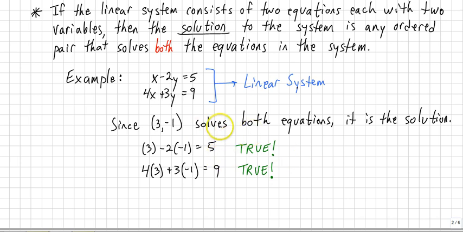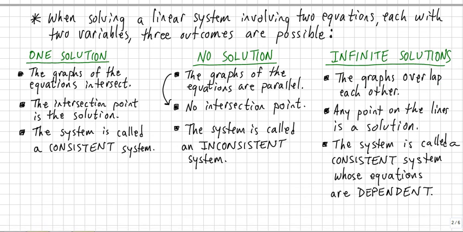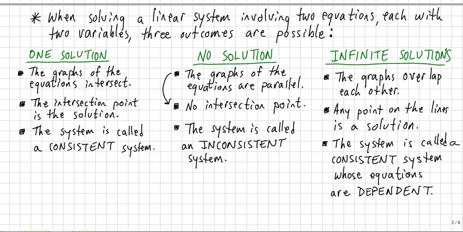So I plug that one ordered pair into both equations, and it solves both equations. So this ordered pair is the solution to that system. What we're going to learn is how did I know that 3, negative 1 was a solution? Where did I come up with that?